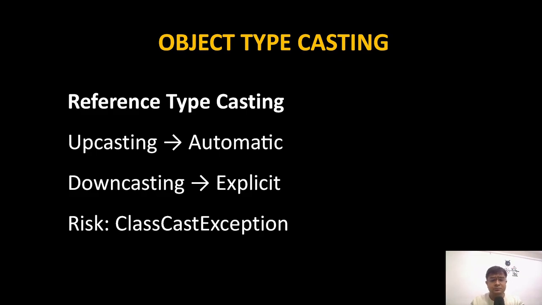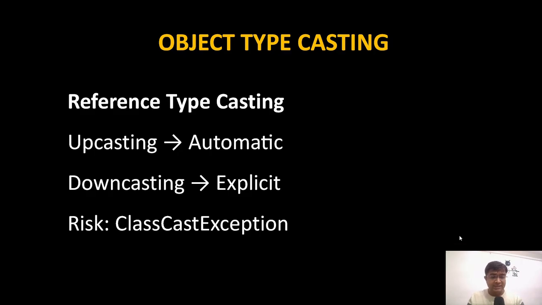Say you have a class like Animal, and you are assigning the object of Dog into Animal. That is upcasting. And if you have an instance of Dog, and you are assigning the object of Animal, that is a downcasting.